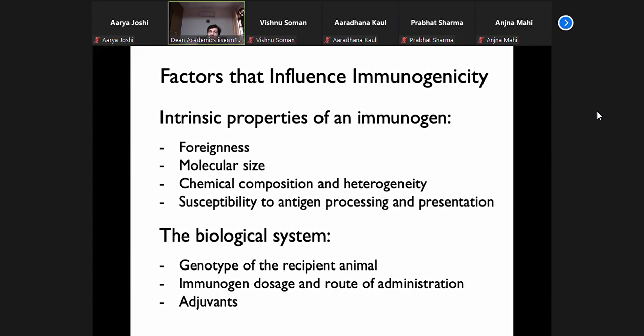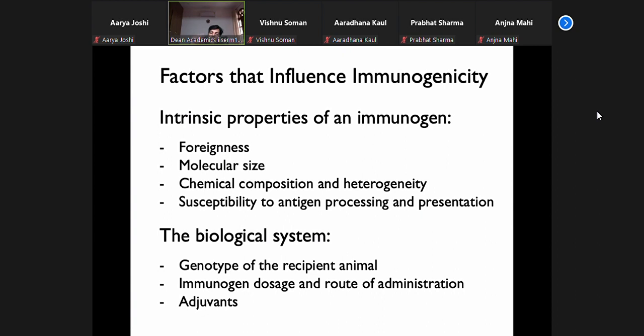Another example is a protein with alanine, alanine, alanine, repeated, which is not normally possible, but you can artificially synthesize it. You need heterogeneity, for example alanine, proline, aspartic acid, so that it can be recognized as immunogenic by your B cells.